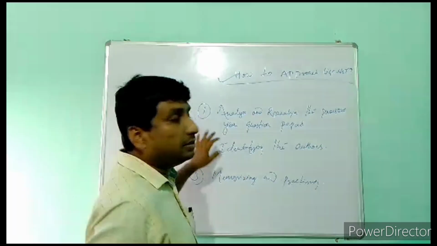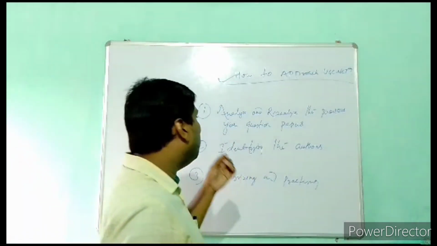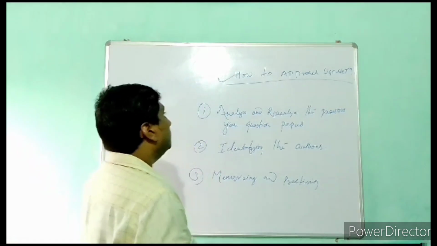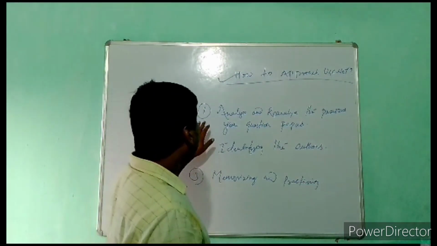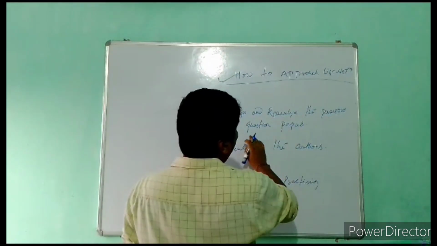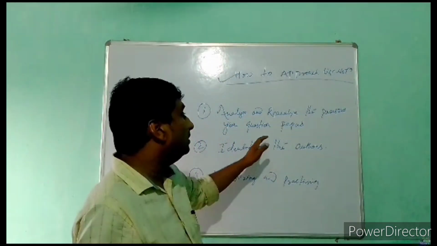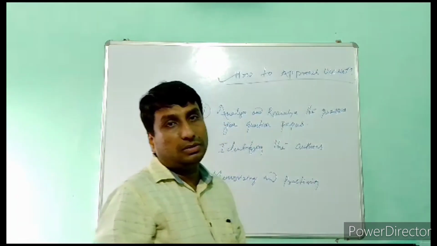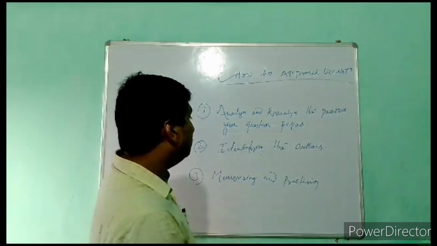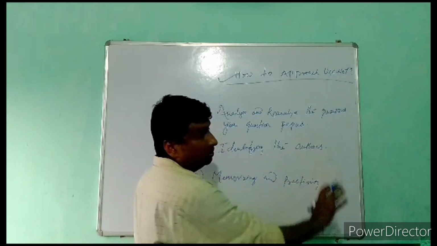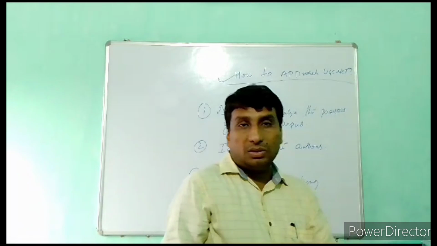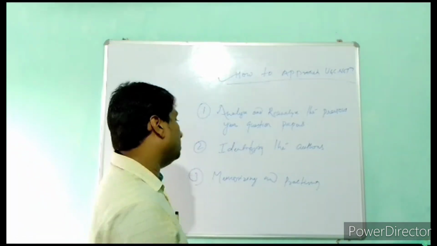Now, I am telling you three things which are very important as you approach this examination, right? The first key thing would be to analyze and reanalyze the previous year question papers. The second thing is identifying the authors. It is very important to identify the key authors which are frequently being asked, right?